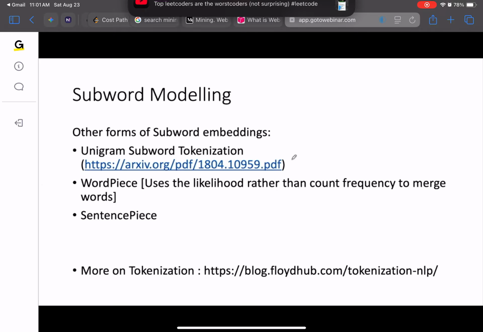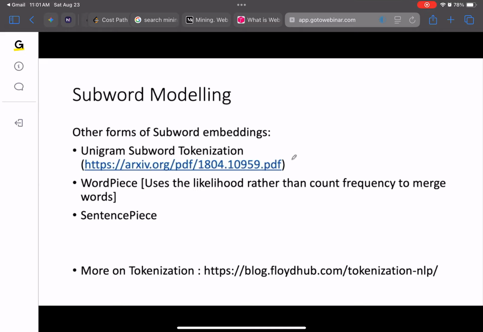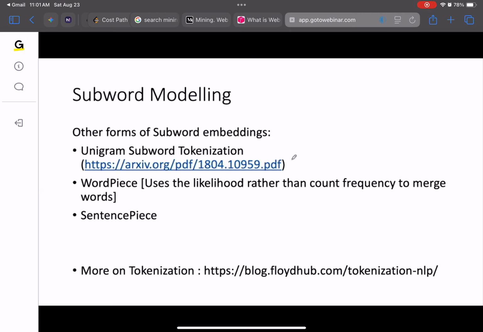Similarly, we have word piece tokenization, which uses likelihood rather than count frequency to merge words. We also have sentence piece. So there are different types of subword modeling techniques. That's typically how tokenization is conducted. We no longer use word-level tokenization. We use subword tokens because there are several benefits associated with them.